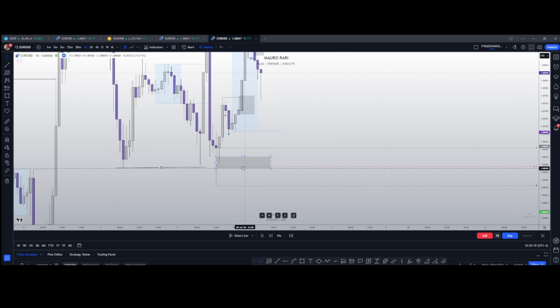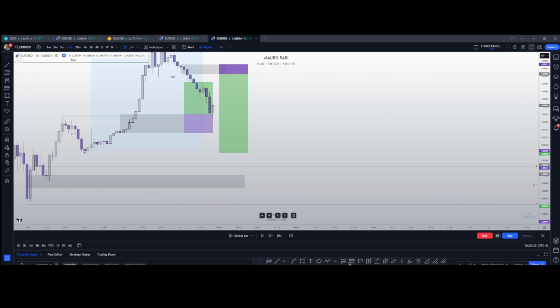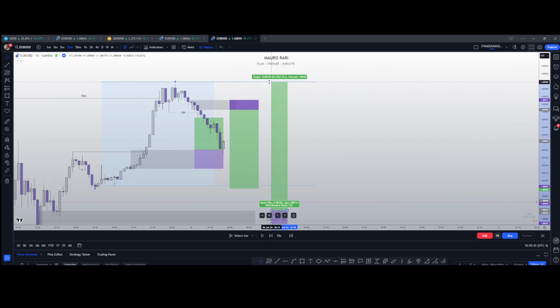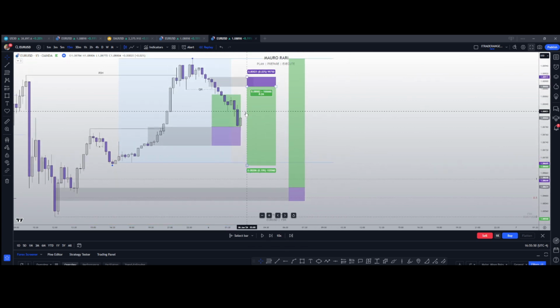Okay, because normally if the price wants to fill, it's gonna fill the 50%. I'm gonna be a little bit more conservative in terms of pips, so I go back to my 15 minutes, and I'm also going to put a long pending position right there, targeting at this point what? Targeting the high.